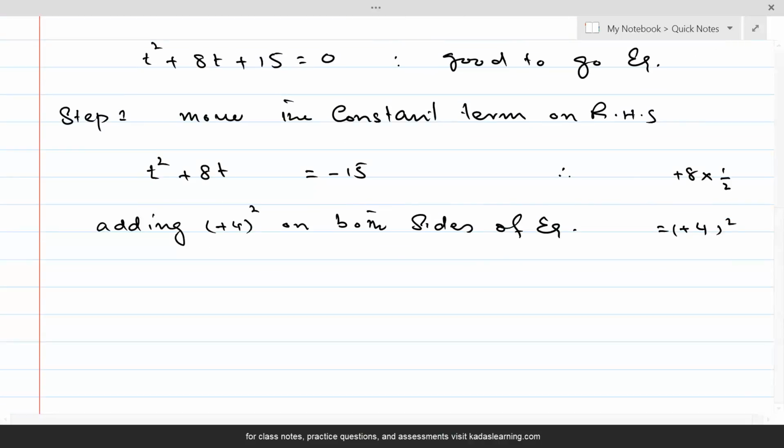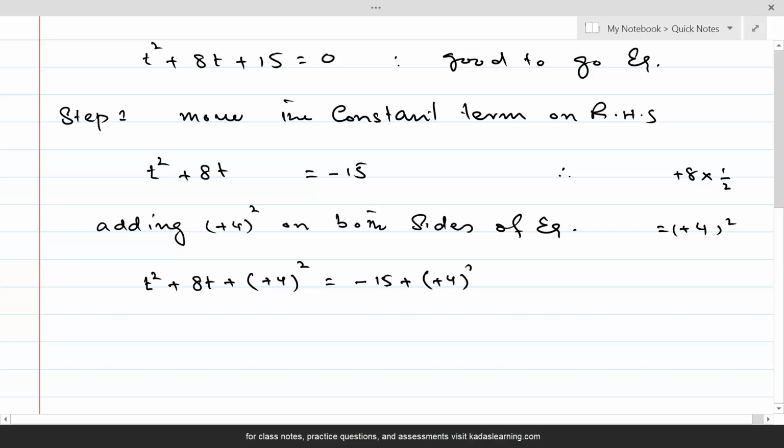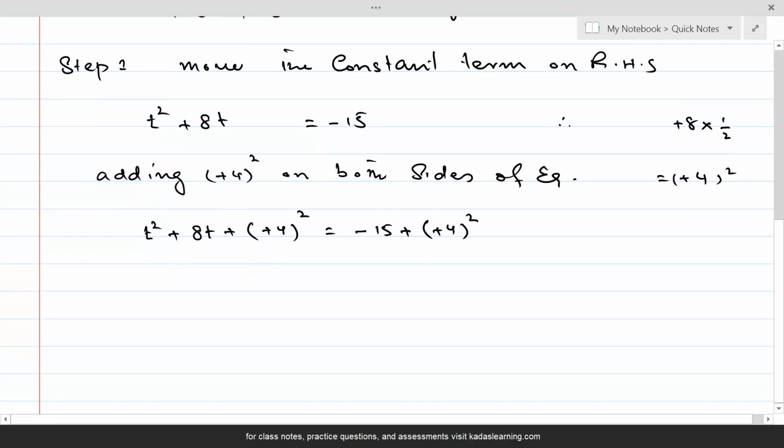This will give us t square plus 8t plus 4 square, and what is on the other side is minus 15 plus 4 square, because the same thing we are going to add on both sides of the equation.